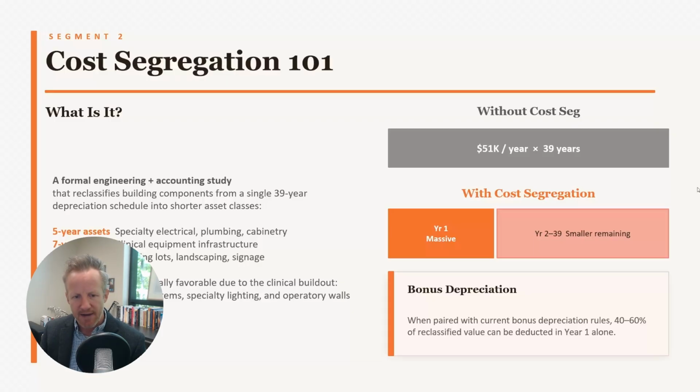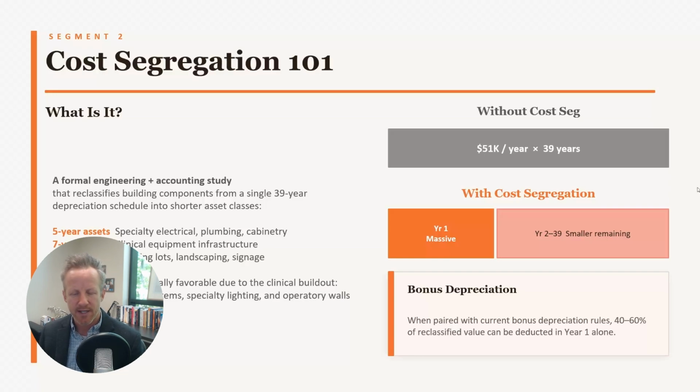They're looking at everything that was paid for when the building was bought, and they're saying these things that were bought are actually not the building. They actually bought this wiring, or they bought this cabinetry, and this cabinetry is worth $50,000 of the $2 million. And all the wiring back here is worth $25,000, and all this is worth that and that. And so they're dissecting it into those different buckets.